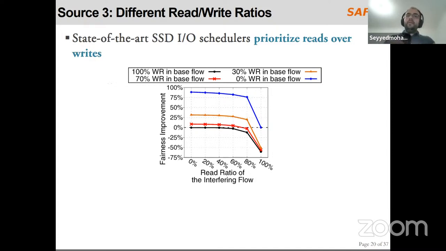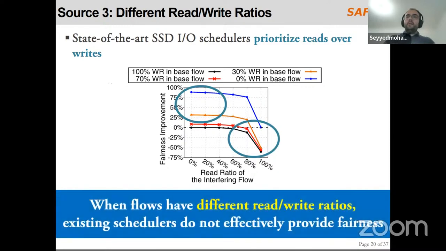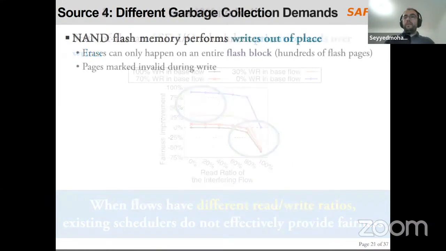For the interfering flow, we increase the read ratio from 0% to 100%. Interestingly, we can observe that when flows have different read-write ratios, the top left of this figure and the bottom right of this figure, existing schedulers do not effectively provide fairness.